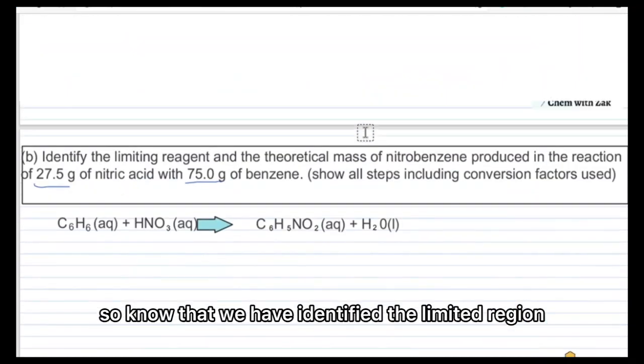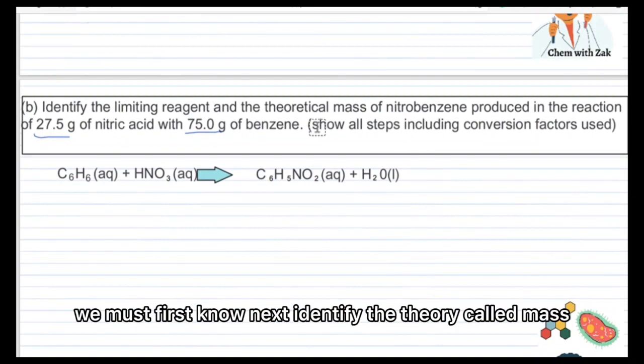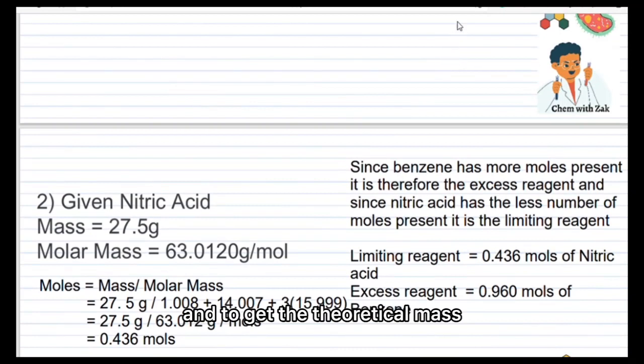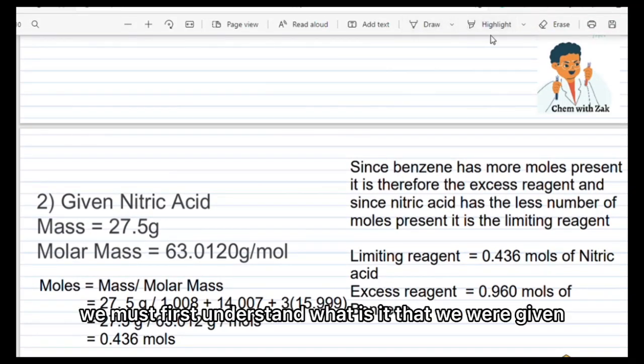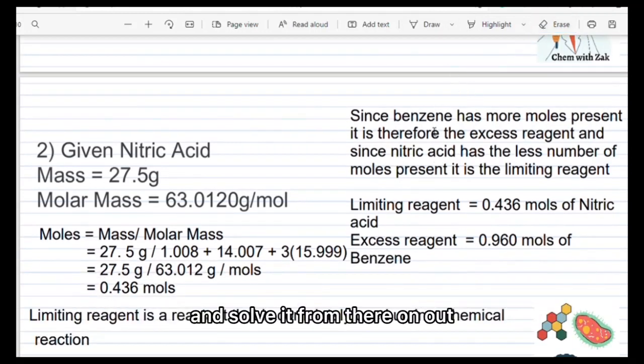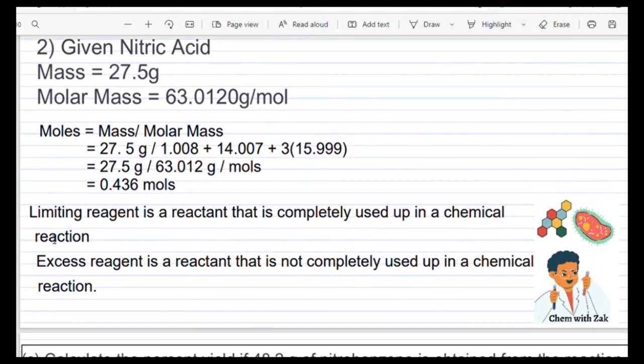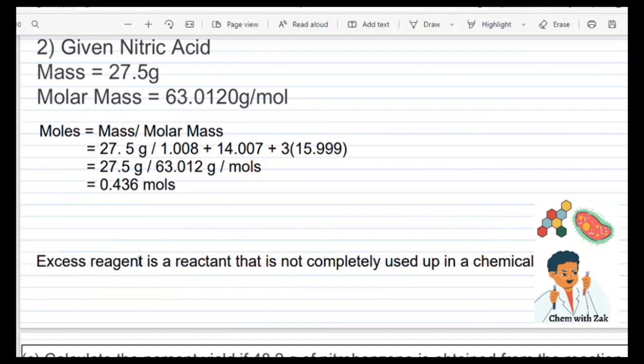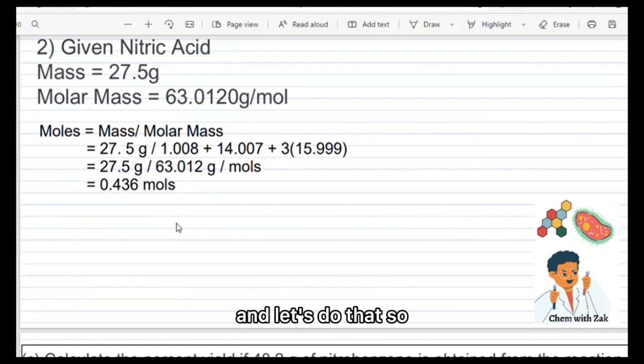So now that we have identified the limiting reagent, we must next identify the theoretical mass. To get the theoretical mass, we must first understand what it is that we were given and solve from there. Let me just clear my whiteboard here and let's do that.